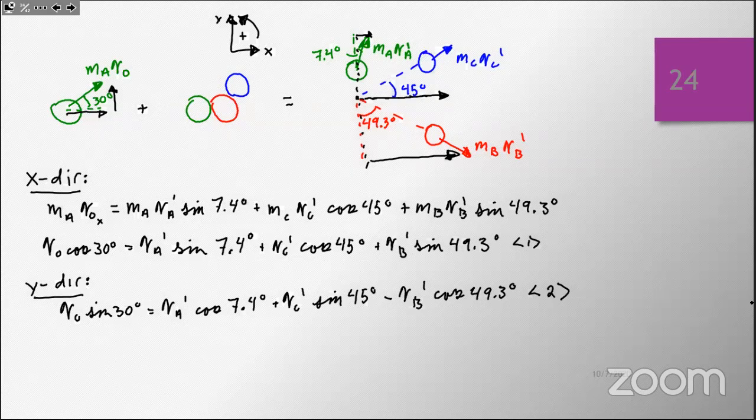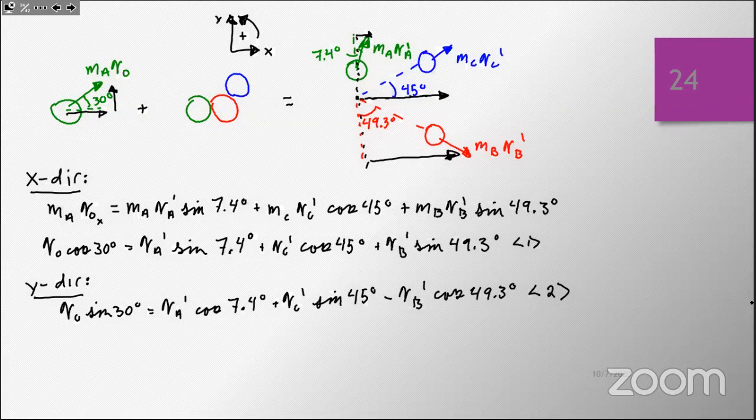So we'll sum our momentum in the y direction. Remember, the key here is that thing we talked about at the beginning of class. The momentum of a system of particles, the total, is just the sum of the momentum of each of the particles individually, right?